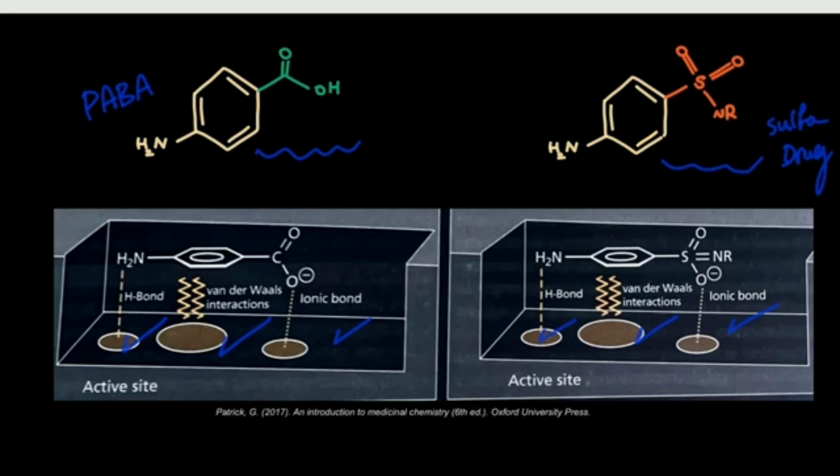Because sulfonamides have similar enough structure to PABA, the enzyme is fooled into accepting sulfonamide into its active site. You can think of them as identical twins, in which they might have very few differences, but you still can distinguish between them. The same thing happens with the enzyme.